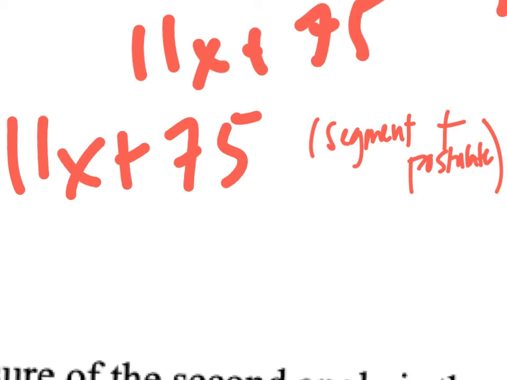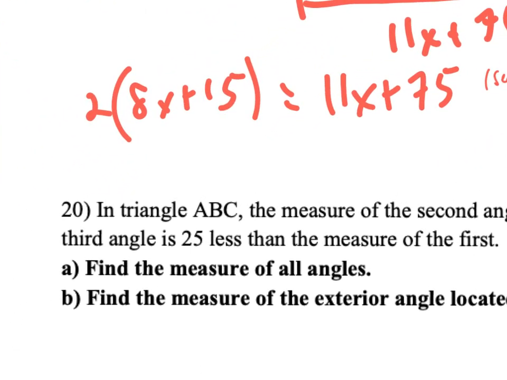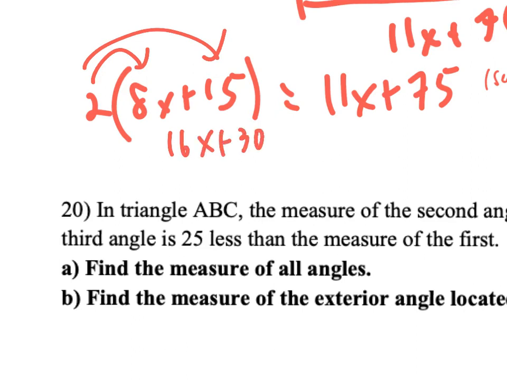Okay, let's work our algebraic magic. I want to distribute this 2 to everything in my parentheses to get 16x plus 30 equals 11x plus 75. I'm going to subtract 11x on both sides and also 30 on both sides to get 5x equals 45.